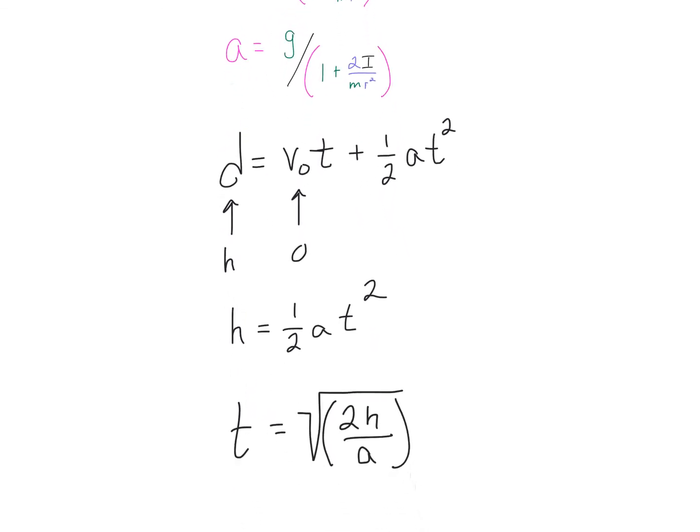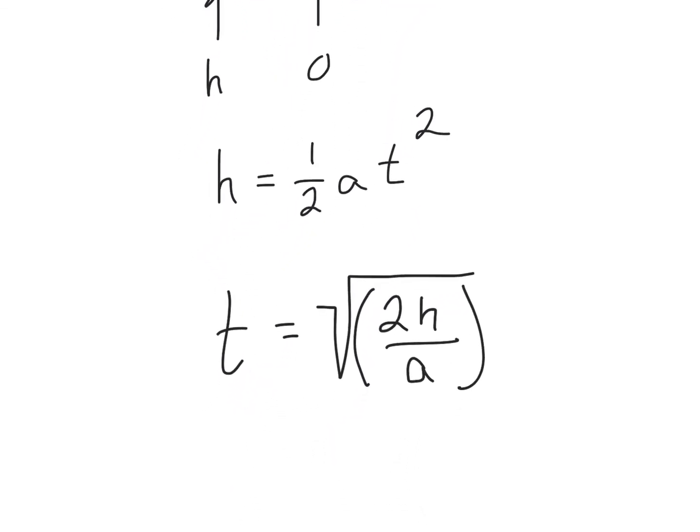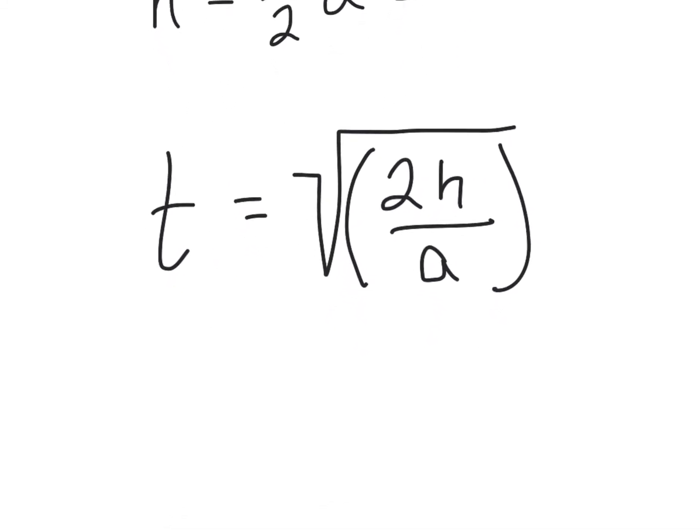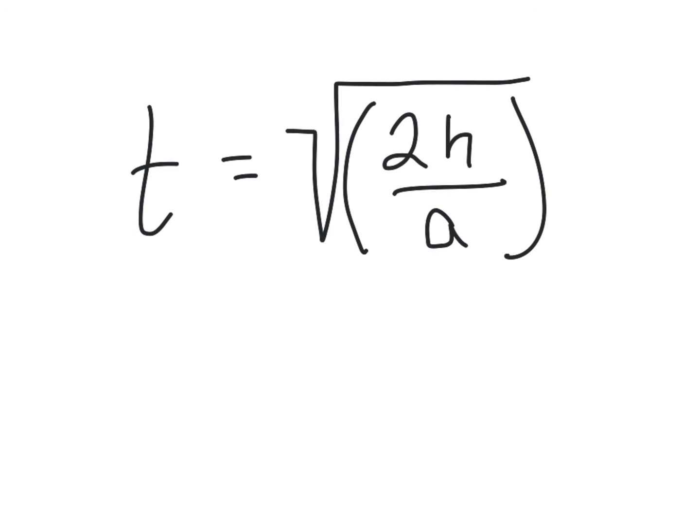So the final trick, solving for time, and that's not so bad. Our final time is just the square root of 2 times height divided by the acceleration. The acceleration you solved from the previous equation. I don't recommend trying to merge those two. You can, but it won't be pretty. All right, that's it.